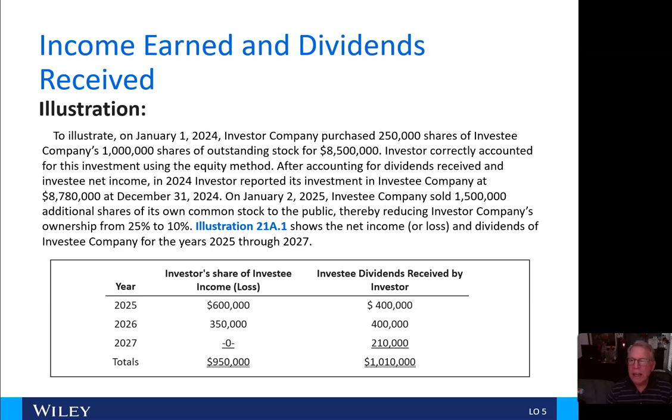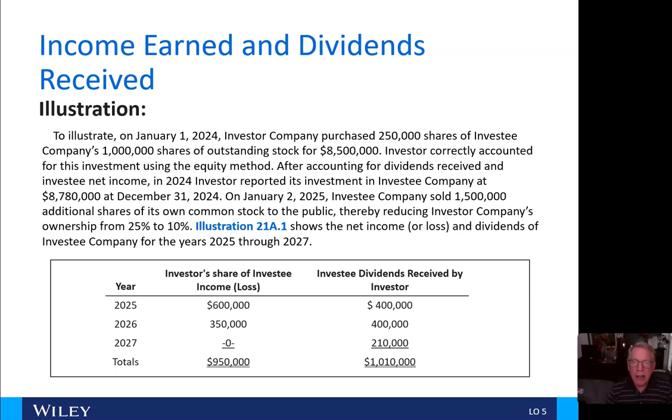Investor correctly accounted for this investment using the equity method. After accounting for dividends received and investee net income in 2024, Investor reported its investment in Investee Company at $8,780,000 at December 31, 2024.